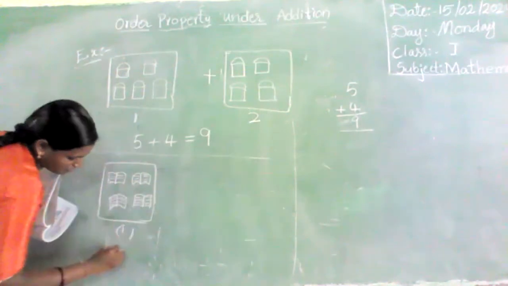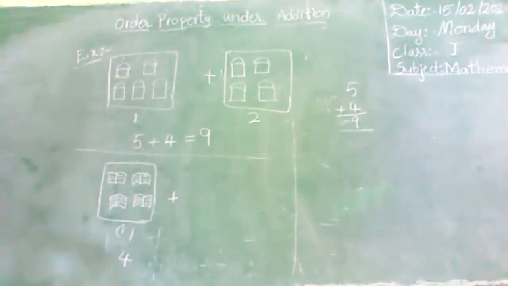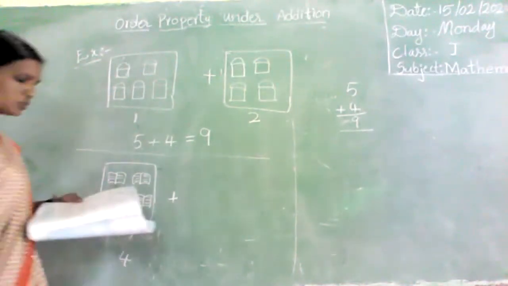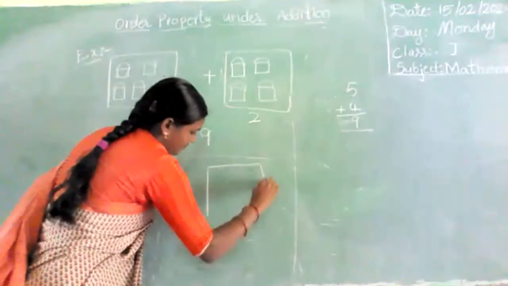In box 2, there are 5 books. How many books? 5 books.